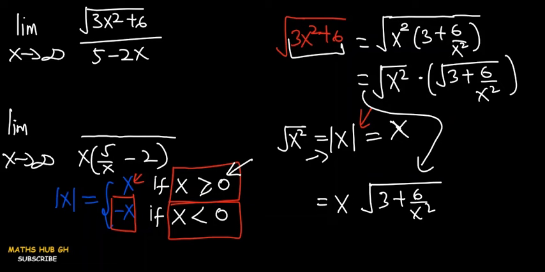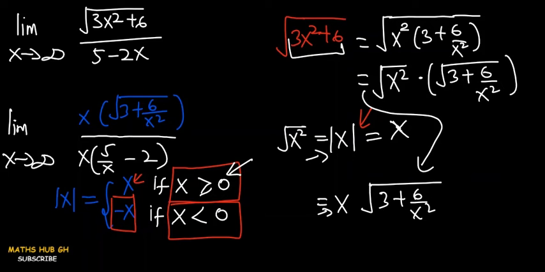And in this case, since x is approaching positive infinity, that refers to values greater than 0. So we can consider the absolute value of x to be equal to x. That's why I have this x here. Now you see that we have factored x out of the numerator also, so we can bring it here. So we are going to have x, bracket open, the square root of 3 plus 6 over x squared. This is what you are going to have.